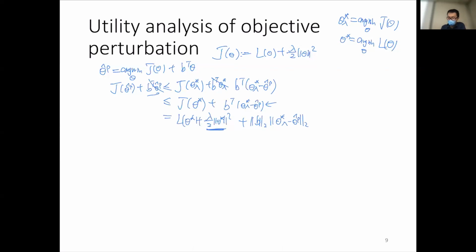And it boils down to how we can bound the perturbation of the optimal solution after we perturb the objective function J of theta by this additional linear loss.